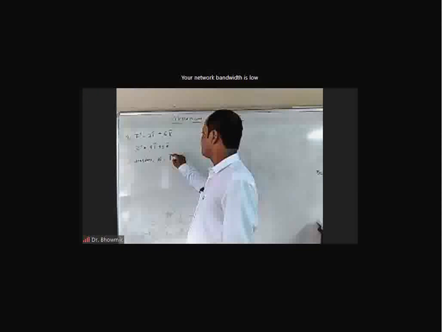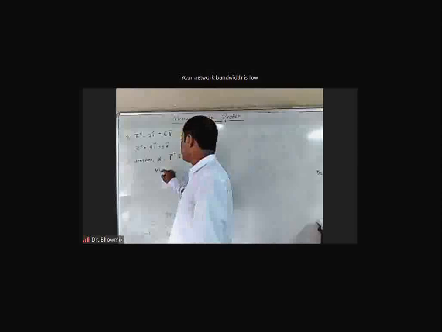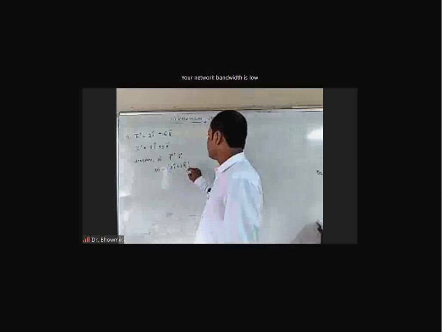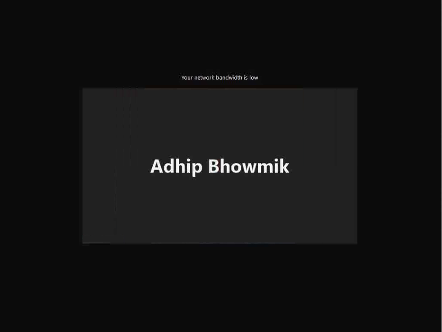Work done W equal to vector F dot vector S. So you have to take the dot product because you are asked to find the work done.